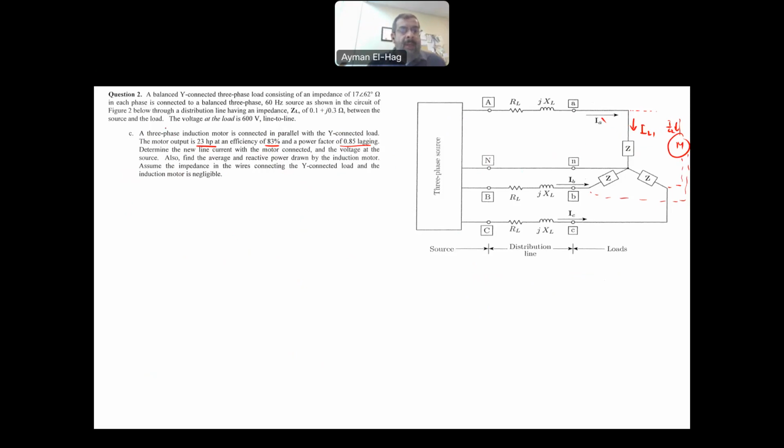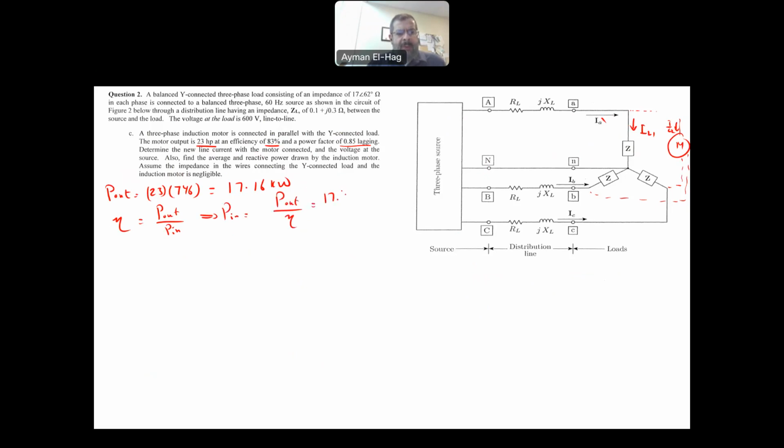Now we know the P out is equal to 23 horsepower times 746 to convert this to watt, and this will give me 17.16 kilowatt. Now the efficiency is actually P out over P in, so your P in is equal to your P out over the efficiency.